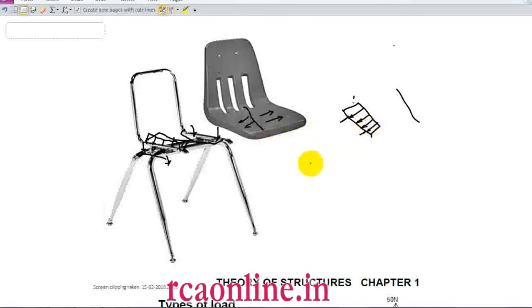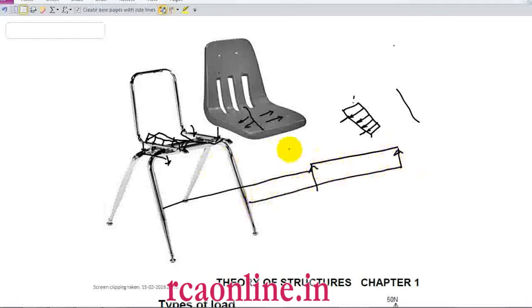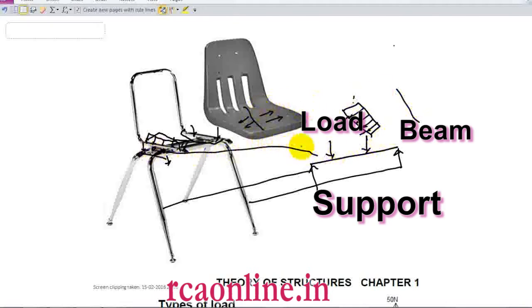And when I talk about these two beams, then this column will be treated as like this reaction, and this column will be treated as this reaction. And I will be having these two bolts as two reactions. Clear? So this is the load transfer mechanism of a simple chair.